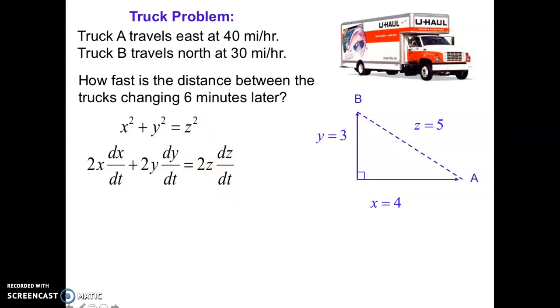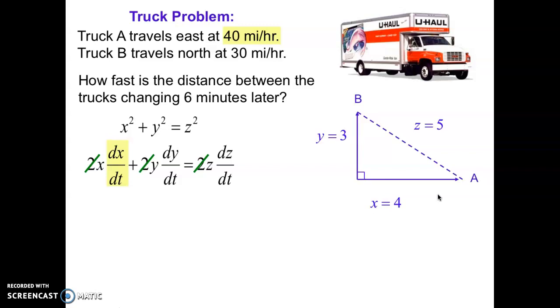In this particular case, I could divide everything by 2 and get our resulting equation. I know in this particular instance what the rate of change is in the x direction. Remember, x direction was truck A, and we know the instantaneous rate of change.